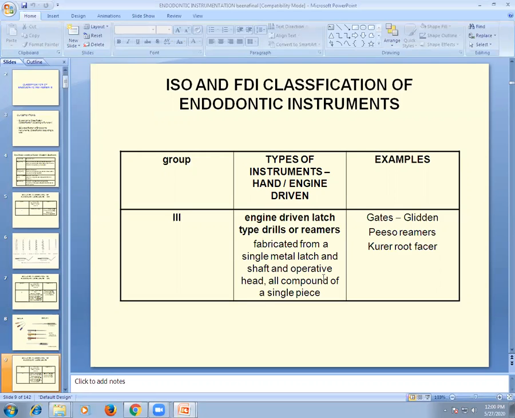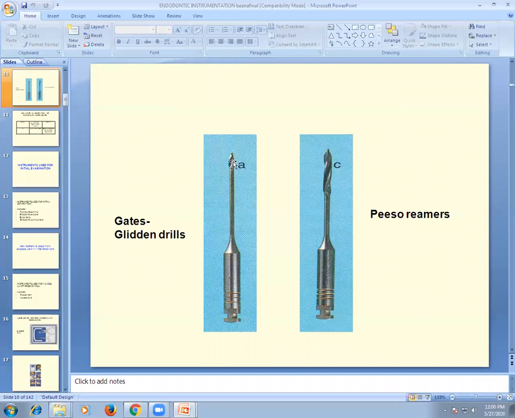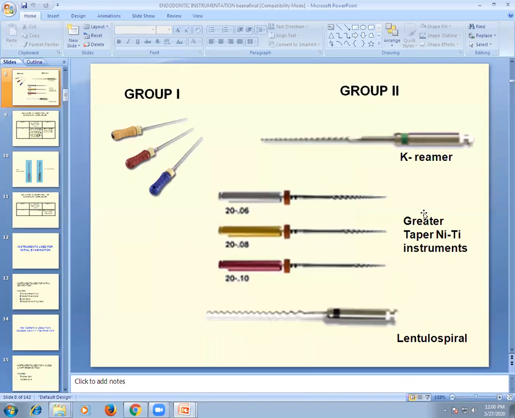Okay, and there's no differentiating thing between the handle and the shaft. See, this is a complete one thing, a monolithic thing. This is the Gates Glidden and this is the Peeso reamer. So these two things come under group 3. These are engine driven latch type but are fabricated from a single metal. These are group 2. Okay. Now the head is different and the shaft is different.